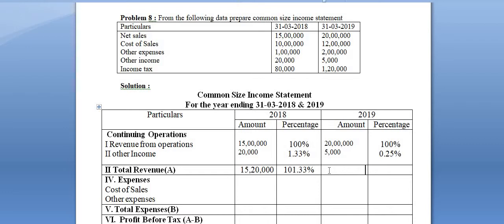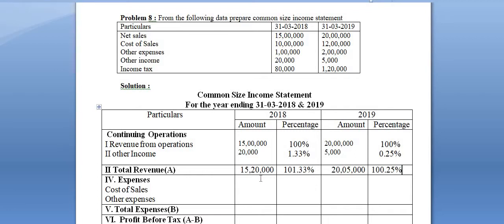Now find out total revenue for the year 2019. 20 lakh plus 5,000 is 20 lakh 5,000. And what is the percentage? 20 lakh 5,000 divided by 20 lakh into 100 is equal to 100.25 percentage.